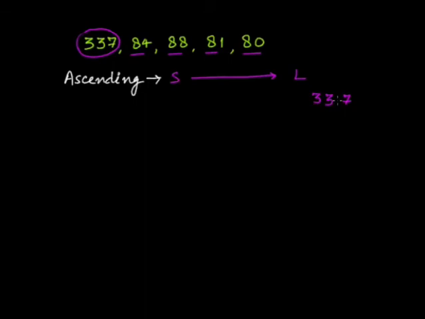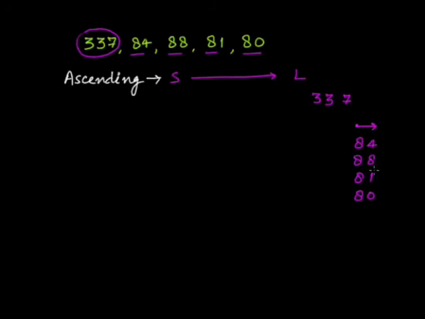Write it here. Now, we are left with 84, 88, 81 and 80. We'll find out the smallest number. Same concept, moving from extreme left towards the extreme right. This time we have to find the smallest number, since we got that 337 is the largest number.